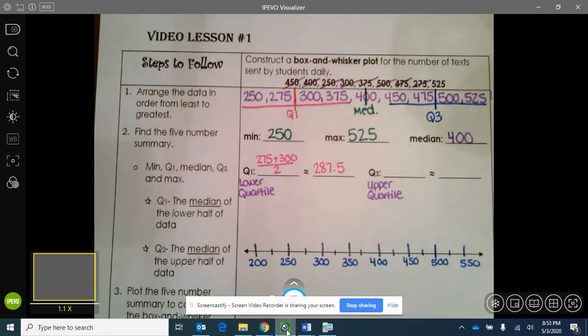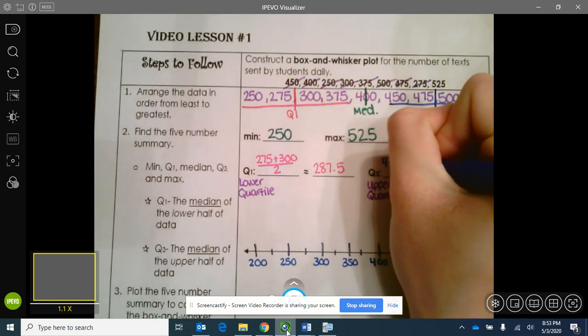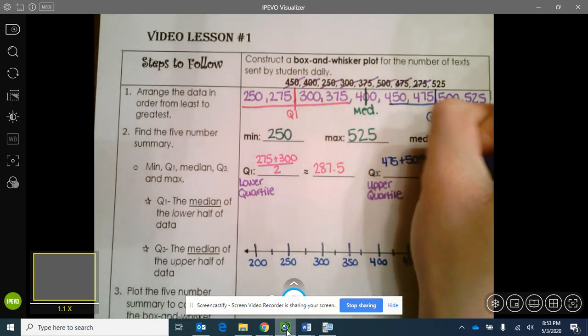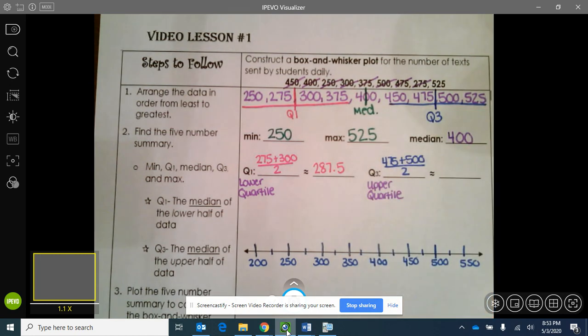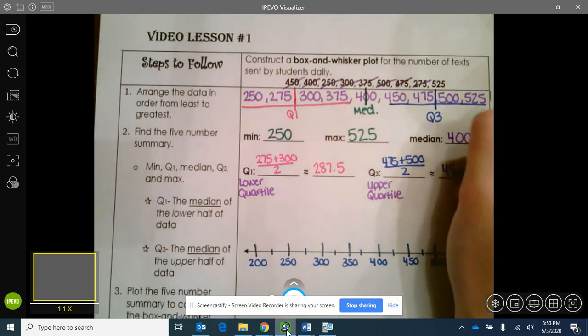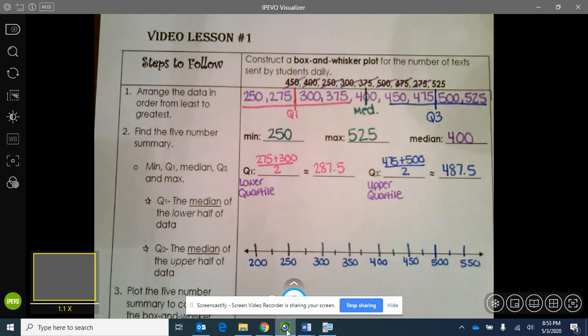Now notice it's not an actual data value. It's right between 475 and 500. So I need to take 475 plus 500 divided by 2. I need to find the average of those 2 data values. I get 487.5.